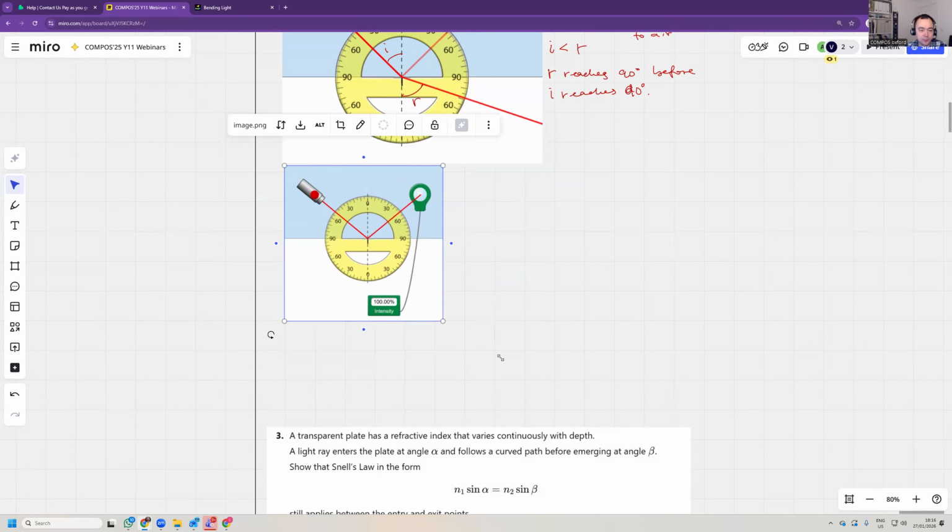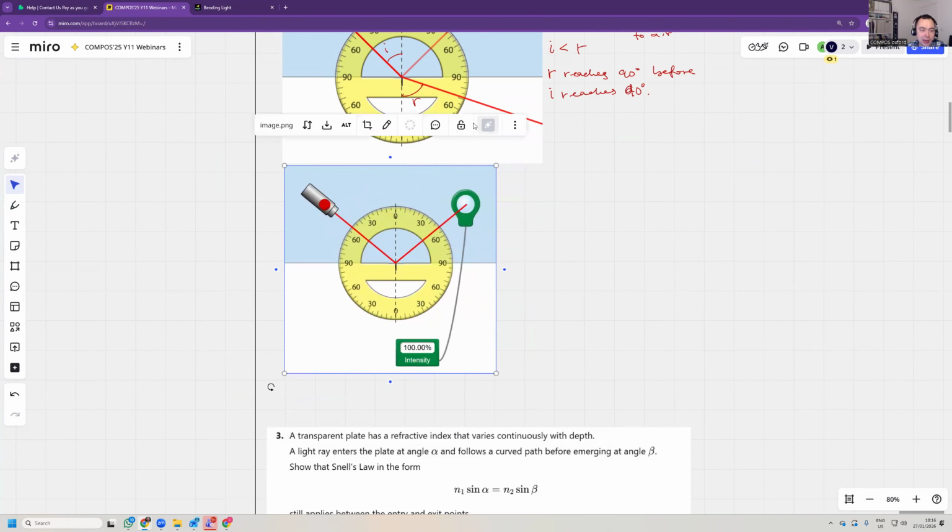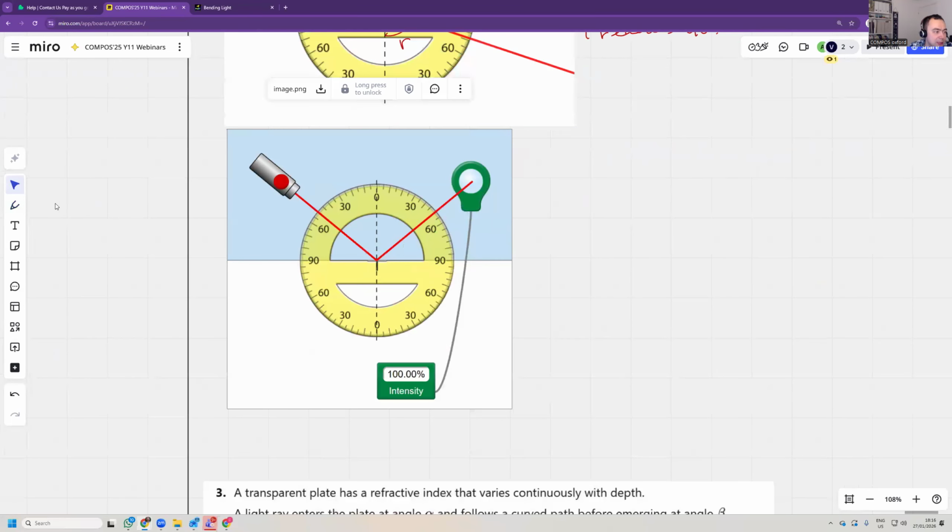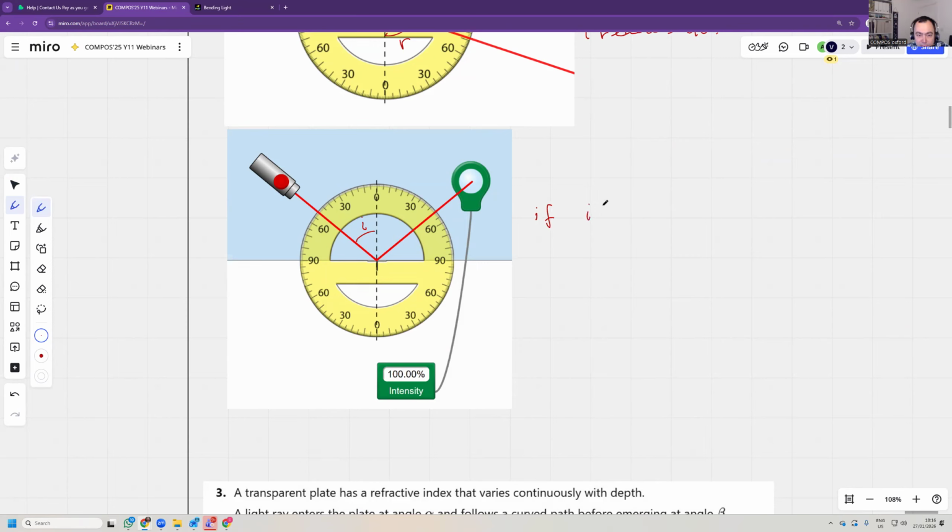So if the angle of incidence is greater than or equal to the critical angle, then 100% of light is reflected.